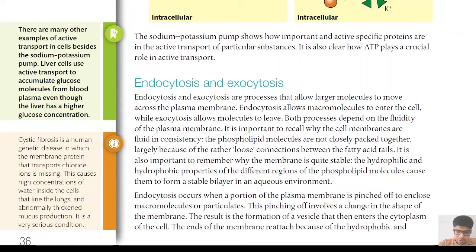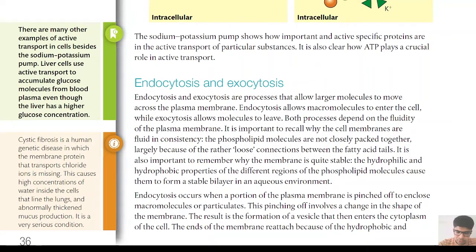The hydrophilic and hydrophobic properties of the different regions of the phospholipid molecules cause them to form a stable bilayer in the aqueous environment. Endocytosis occurs when a portion of the plasma membrane is pinched off to enclose macromolecules and particulates. This pinching off involves a change in the shape of the membrane.